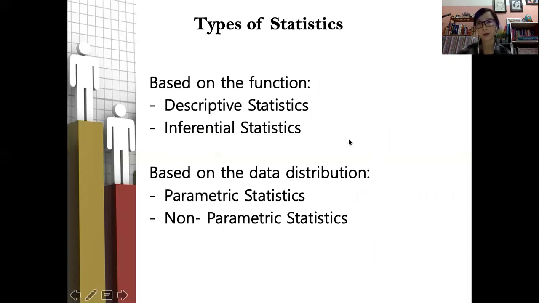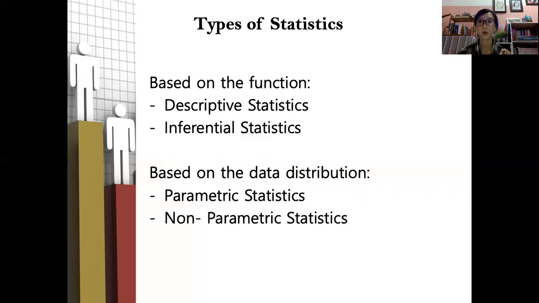Okay, when we talk about the types of statistics, we can categorize these types into two indicators. The first one is based on the function, on the use, and then the second one is based on the data distribution. Based on the functions, we have first what we call descriptive statistics, which are going to be discussed further later in this video as well.